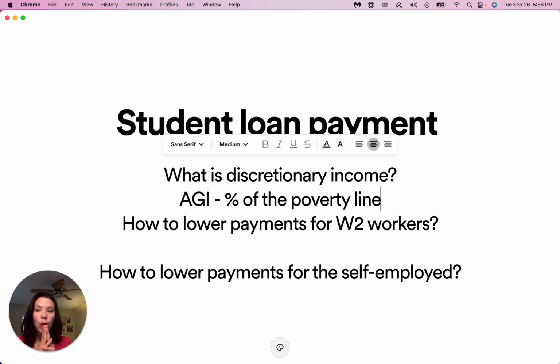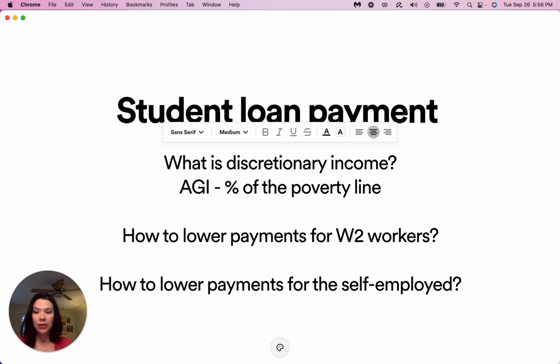I would say that Biden has increased from 150 to 225% because inflation and the cost of living increases, okay? That will get you your annualized payment. You're going to divide by 12 to get your monthly payment. That is how your student loan payment based on your income is determined, okay?